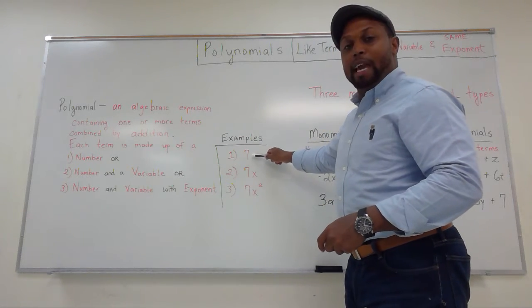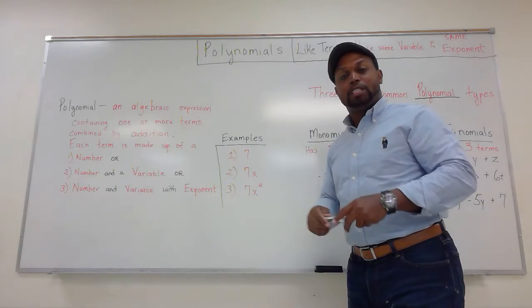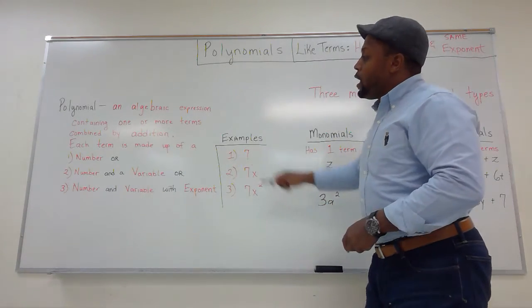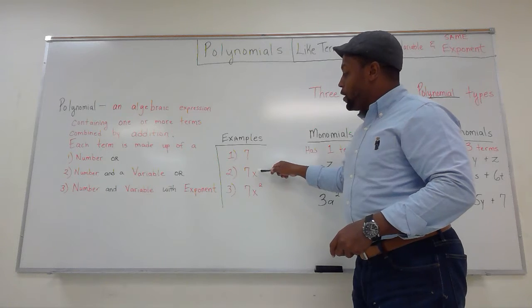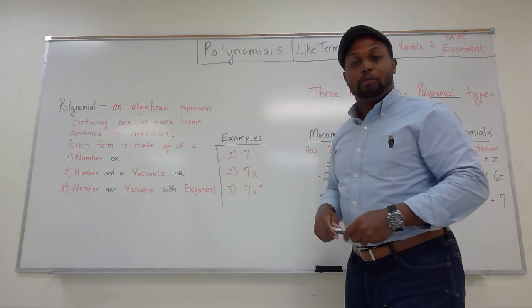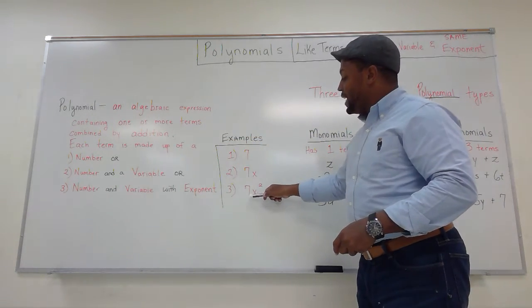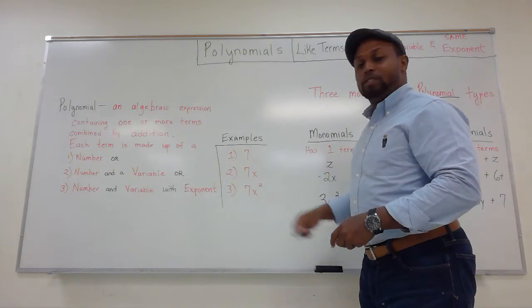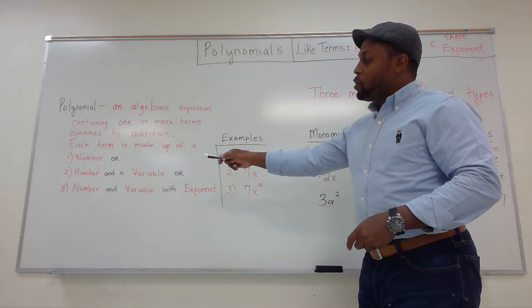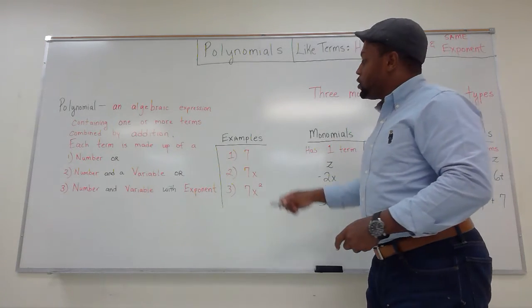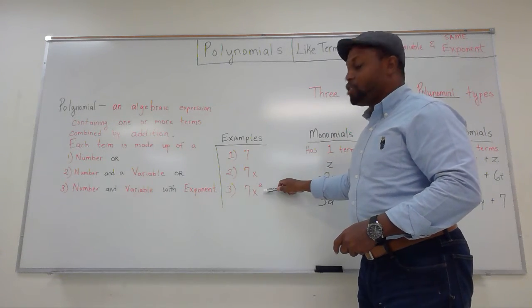So we see here we have 7 all by itself, which is a term. We have 7 and x, which is a variable, which corresponds with the number 2. And here we have 7x raised to the exponent of 2, and that corresponds with number 3. So all of these here are terms.